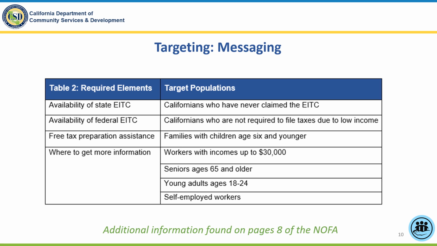Newly eligible populations now include all workers with incomes up to $30,000 annually. You may recall that young adults and seniors were added last year, and the Budget Act makes a special consideration for families with young children, giving them an additional $1,000 credit for having a child under 6 years old.